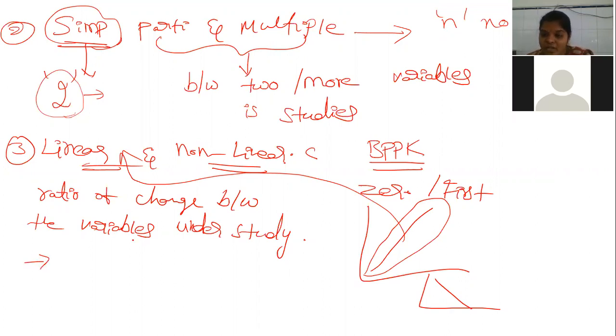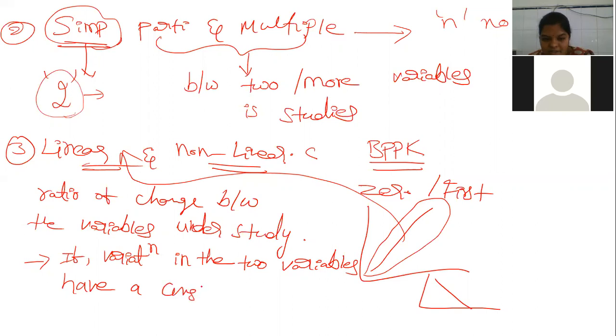If the variation in the two variables have a constant ratio, then it is said to be a linear correlation.